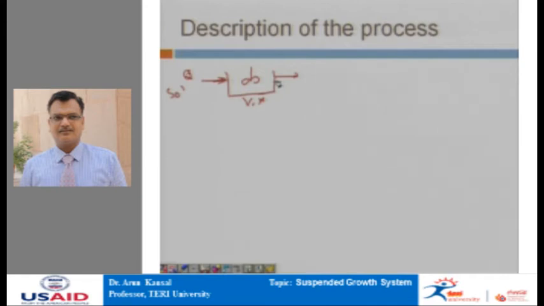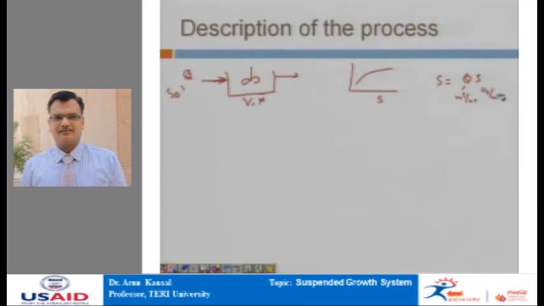Now, if we want to grow the microorganisms, what is required? From the Monod curve, we need to increase the total food supply. Food supply is equal to discharge times concentration; discharge is in terms of meter cube per hour, and concentration is in terms of kg per meter cube.